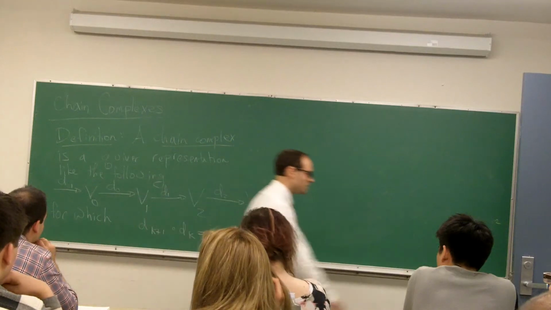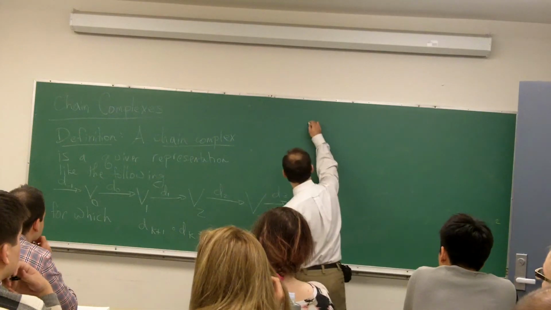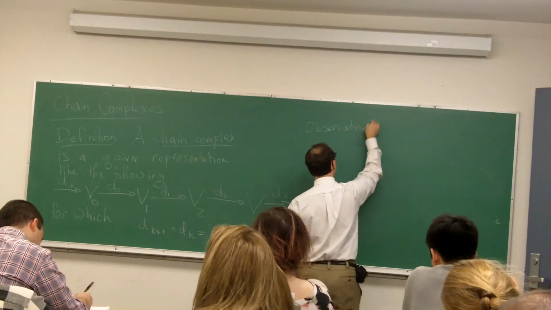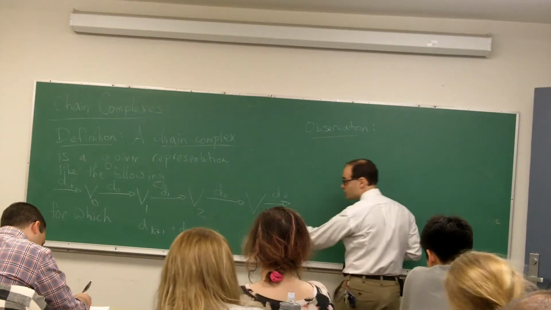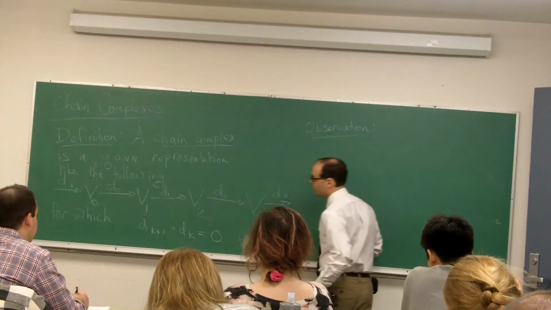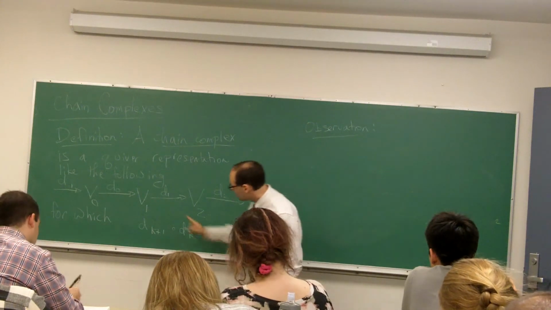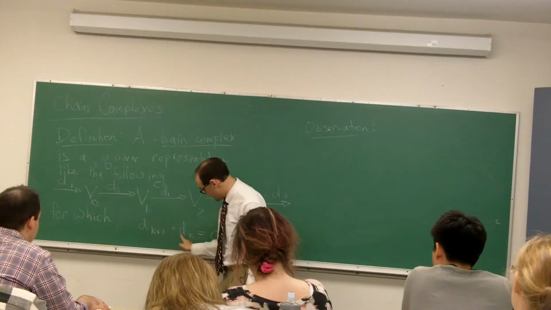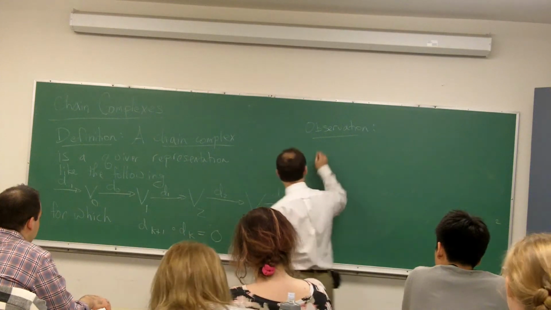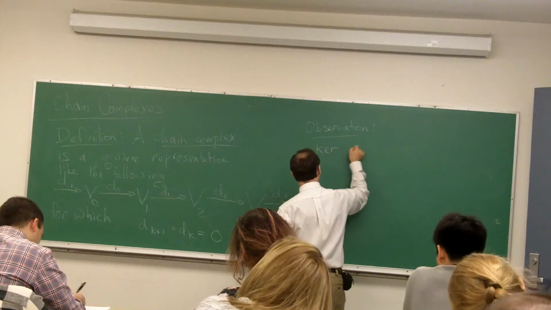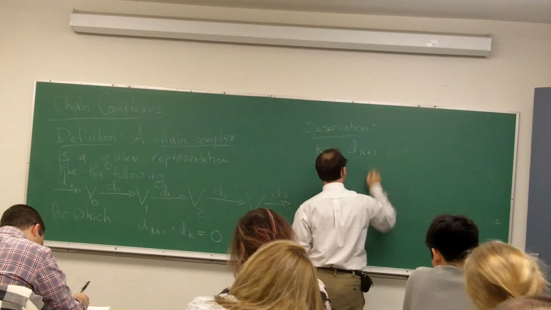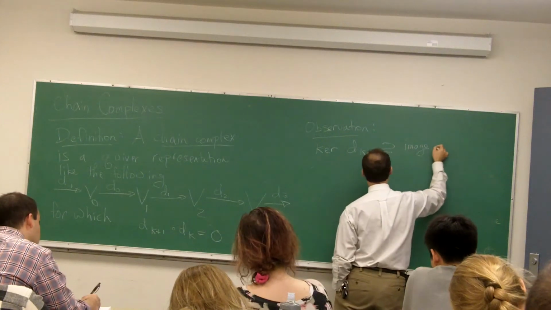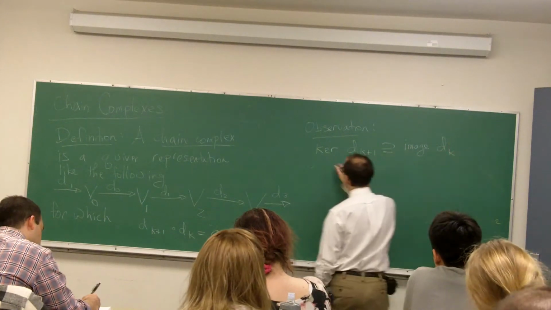So the observation you ought to make, and this is just a direct translation of this equation, is that the kernel of the k+1 map has to contain the image of the k map.